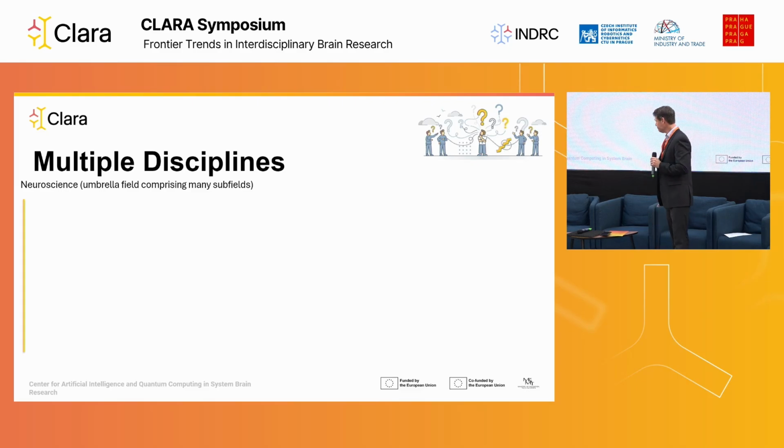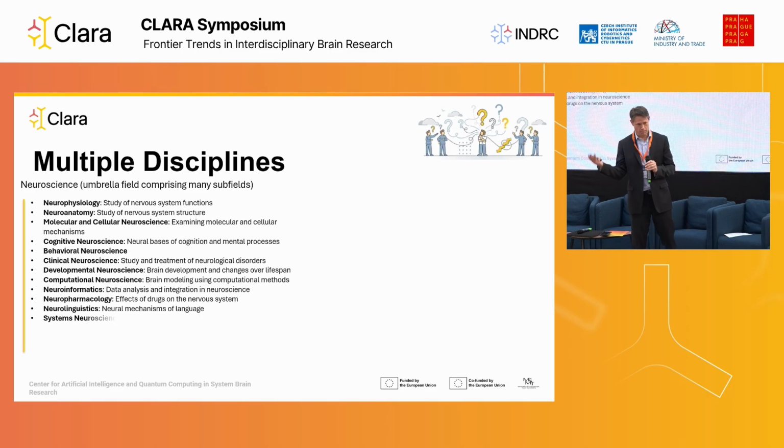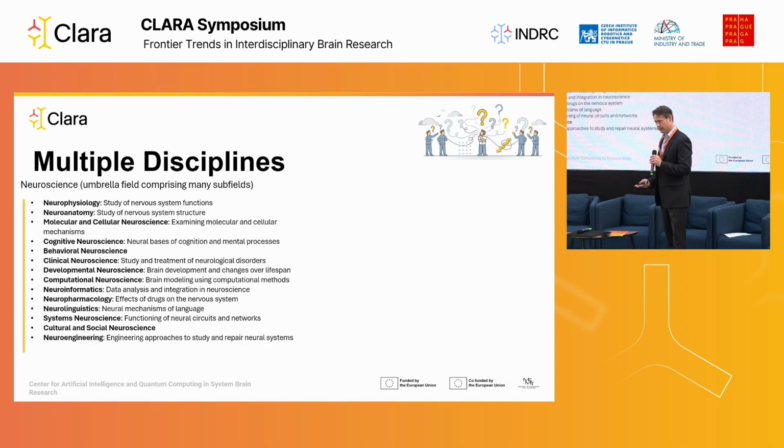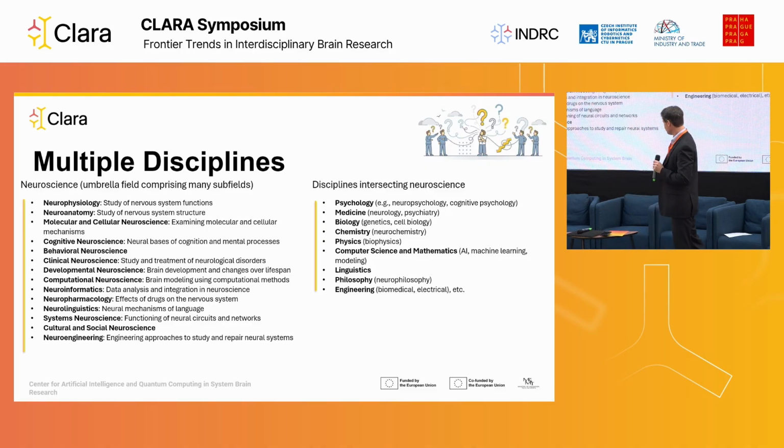Multiple disciplines. Well, being a neuroscientist can mean very, very different things, right? Each of these disciplines is going to be focusing on one specific aspect. That's not all. You also have disciplines that intersect with neuroscience.